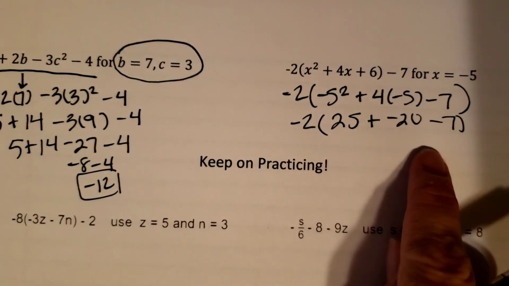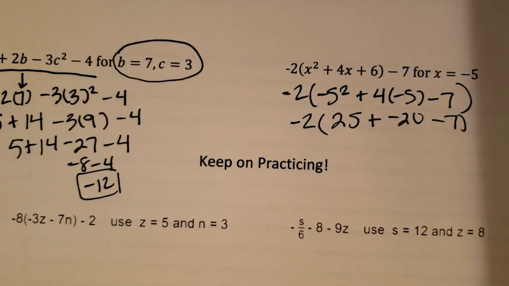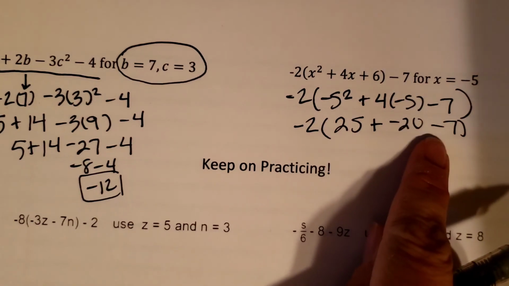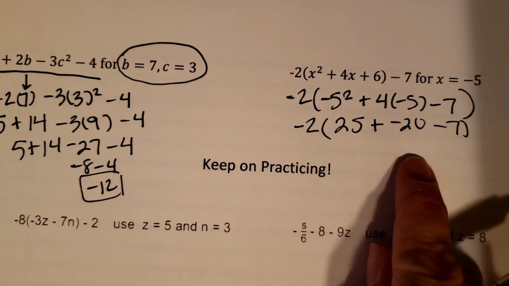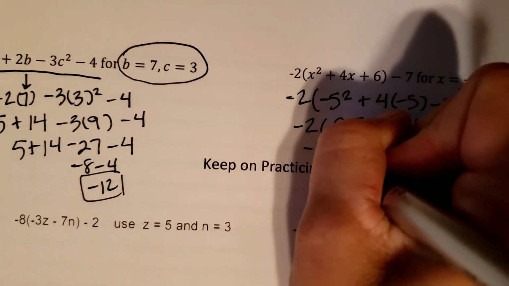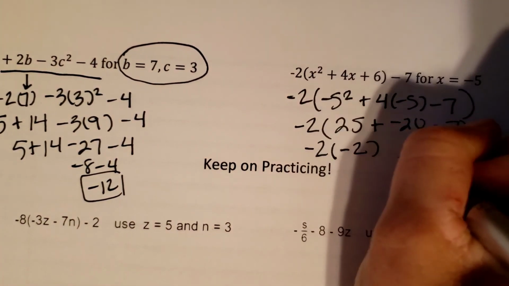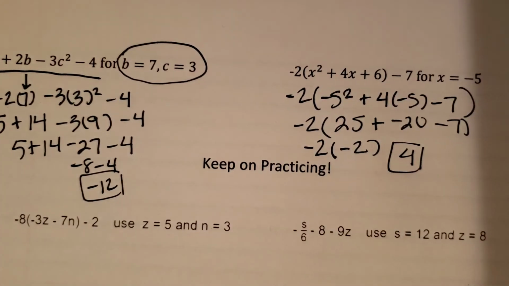So then I'm going to work inside these parentheses. I'm going to do 25 plus -20, which of course is positive 5. And then you're going to subtract your 7 from that, okay? So this gives you -2, and you've got -2 times -2, which will be positive 4, okay?